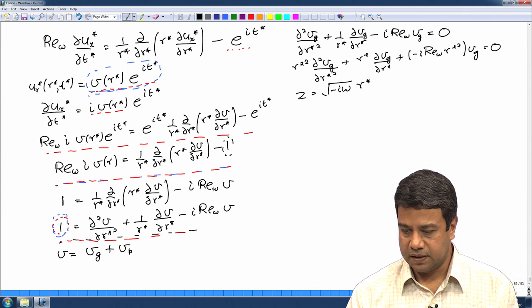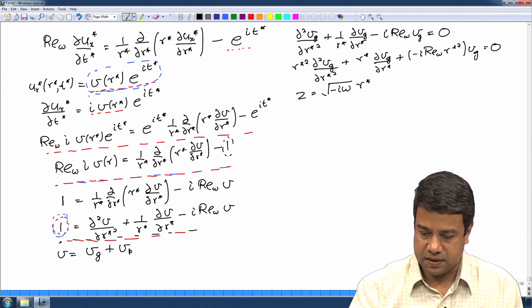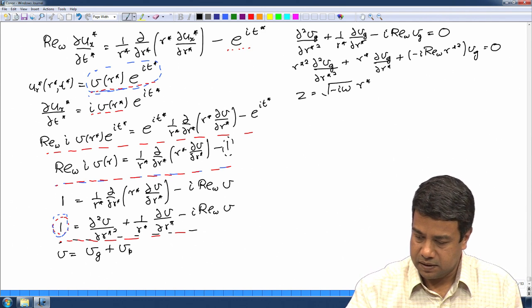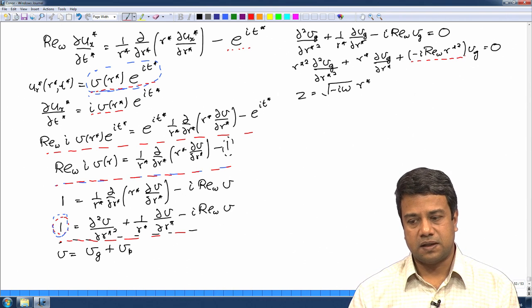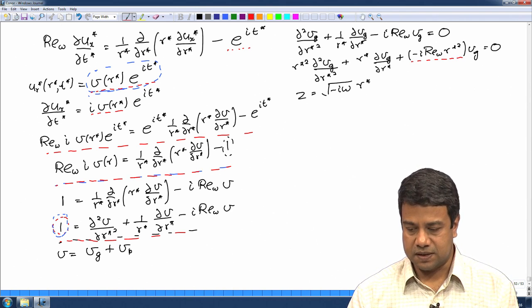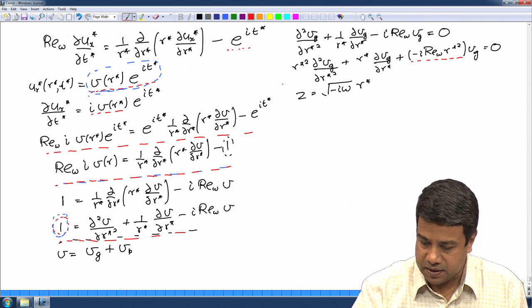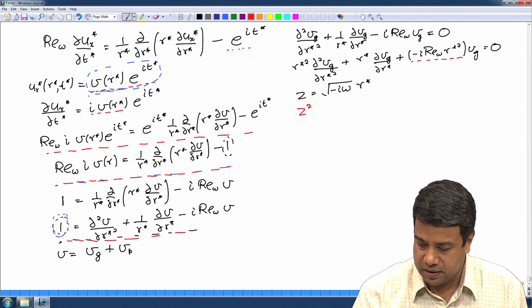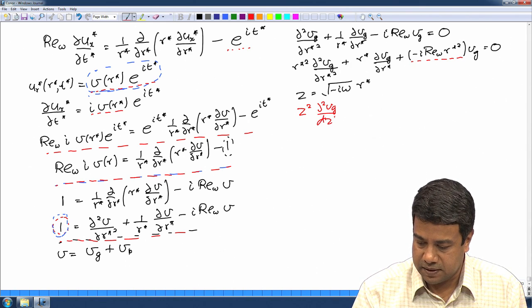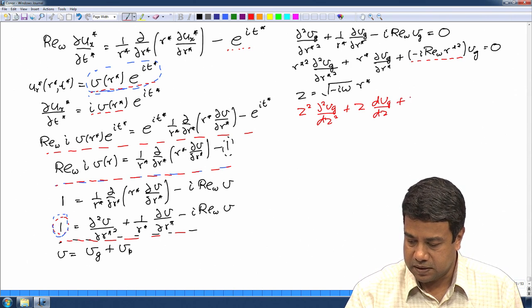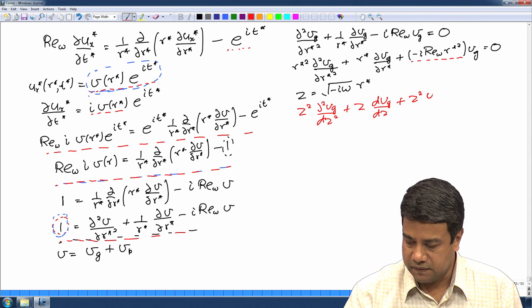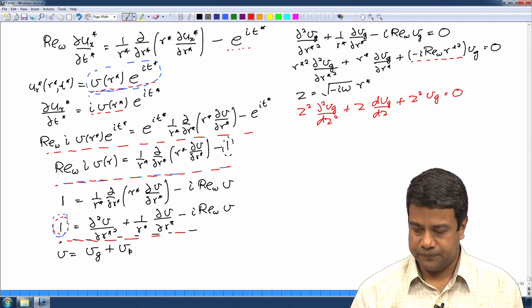Then the first two terms do not change, and that last term just becomes z square. So, the equation now becomes z square d square v general by dz square plus z dv general by dz plus z square v general is equal to 0.